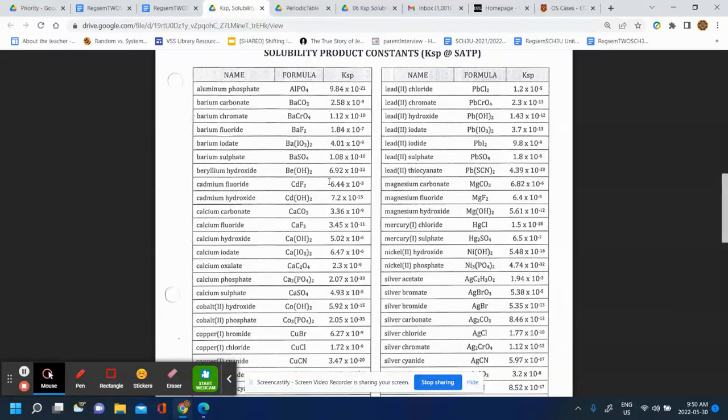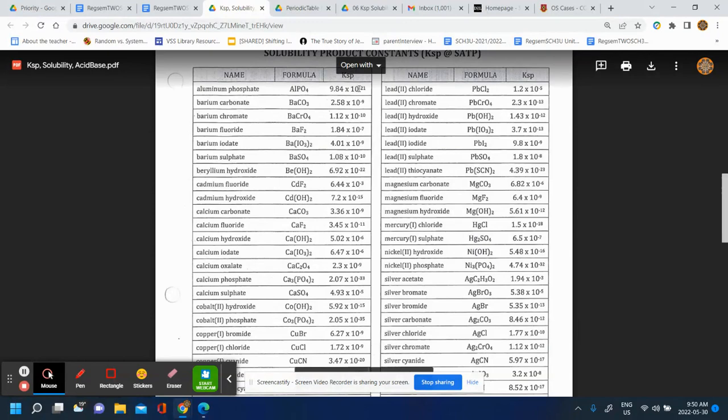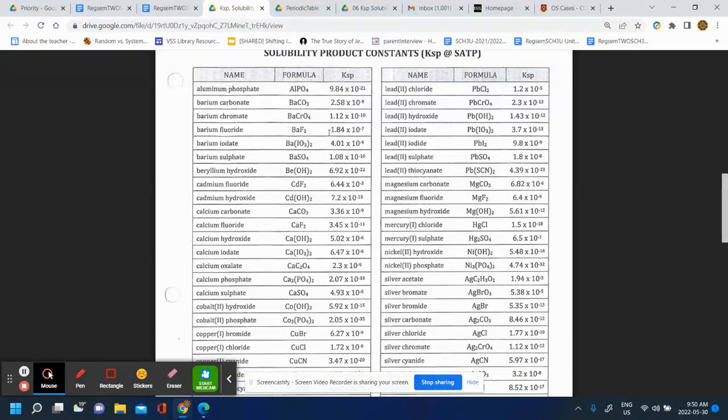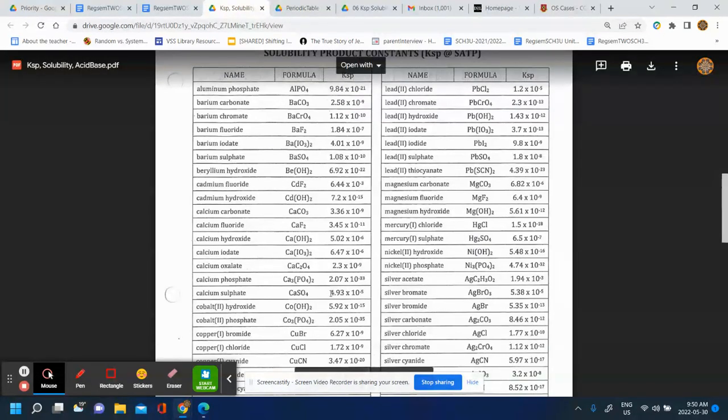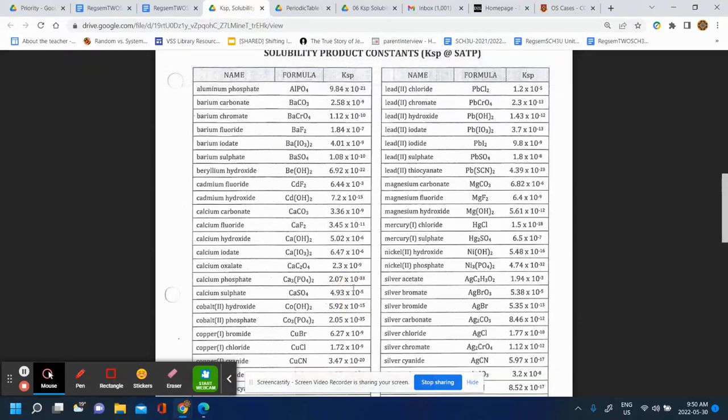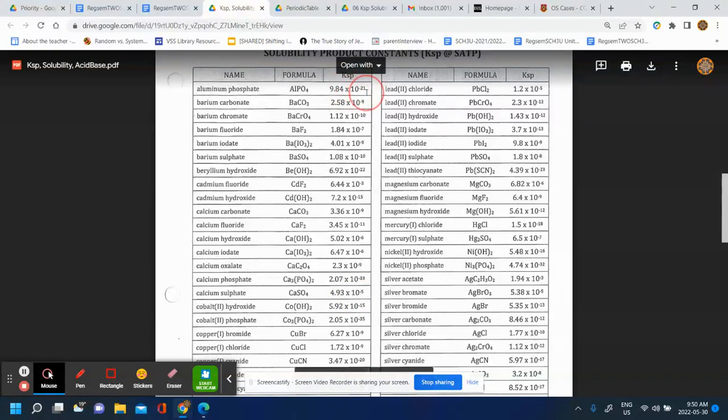But the lower your KSP, like something very, very low, like negative 21 over here, that means your compound is not very soluble, because your equilibrium does not really favor the ions that much. It actually favors the solid a little bit more. So the lower the KSP value, the lower the solubility. A higher KSP value, so let's say something like this negative 5 over here, means more soluble than something like this negative 21 over here.